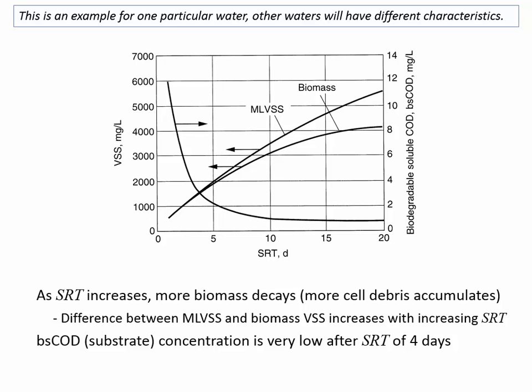It would only take maybe 2 or 3 sentences to tell the story of this picture: that this picture is showing the relationship between solids retention time and effluent concentration, and the reason for that diverging gap between the mixed liquor volatile suspended solids, which includes everything, and the active biomass, which is below it.